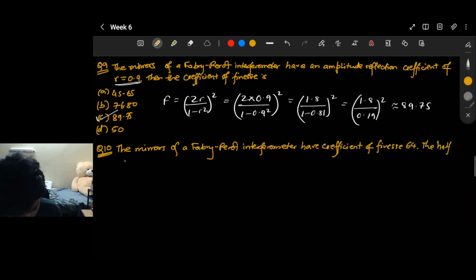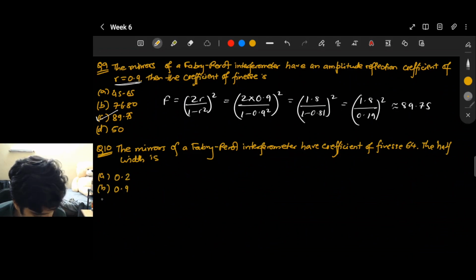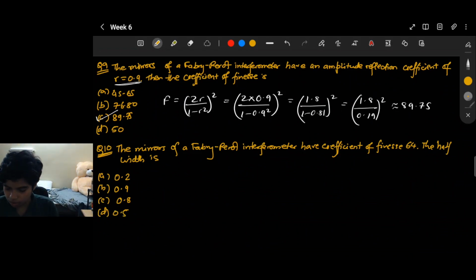The half width is option A 0.2, option B 0.9, option C 0.8, or option D 0.5.